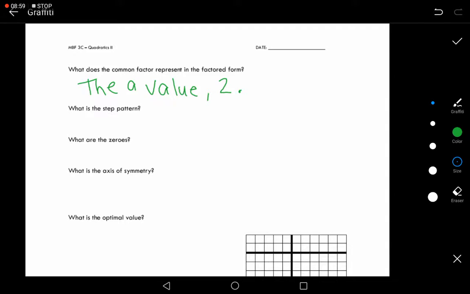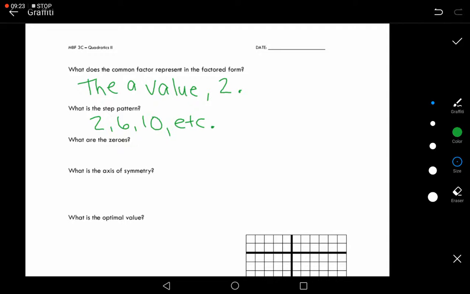We were common factoring out the 2. Okay, the next question is, okay, that's fine. The a value is your common factor. What is the step pattern? Okay, well, remember to find the step pattern, we just take that original 1, 3, 5 and multiply it by our a value. So that means our step pattern is 2, 6, 10, etc.